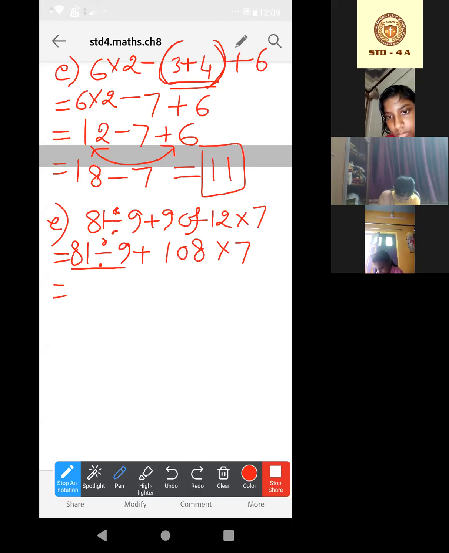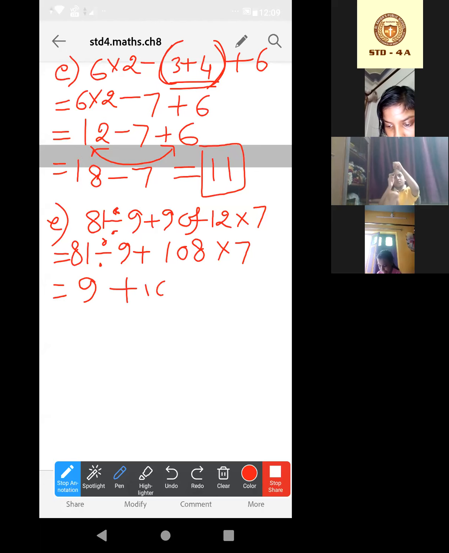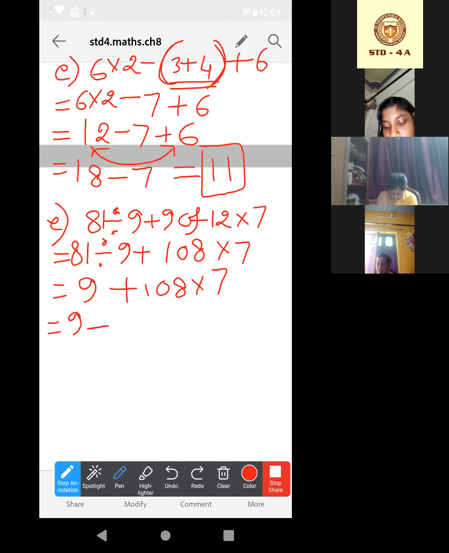Now this division: 81 divided by 9 is 9, plus. You can do the multiplication directly, no issue, but I am doing it step by step. Now multiply this one: 7 8s are 56, 7 1s is 7, 756. Plus this 9, 765.